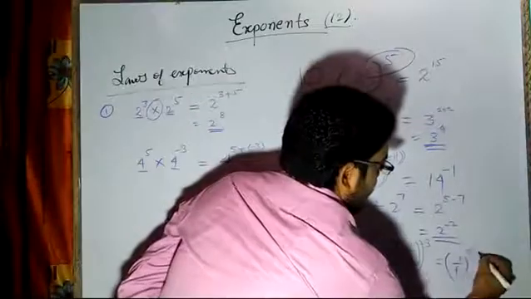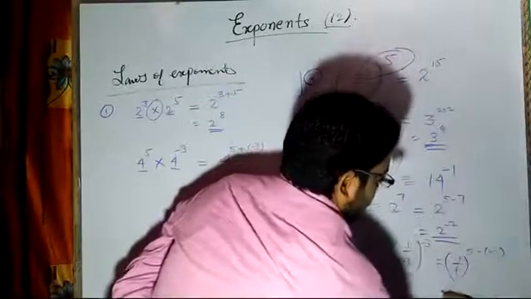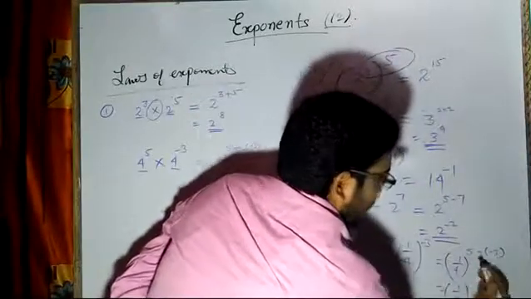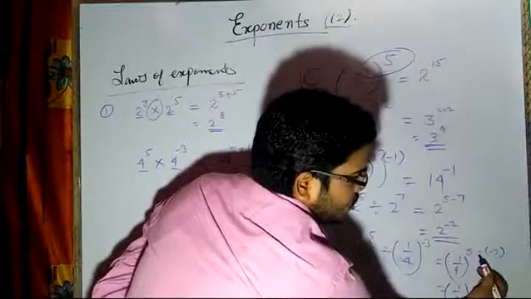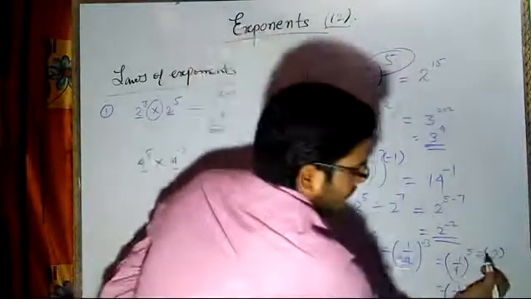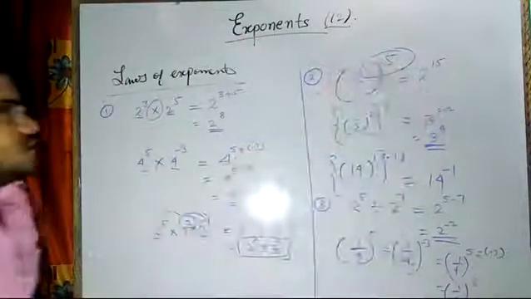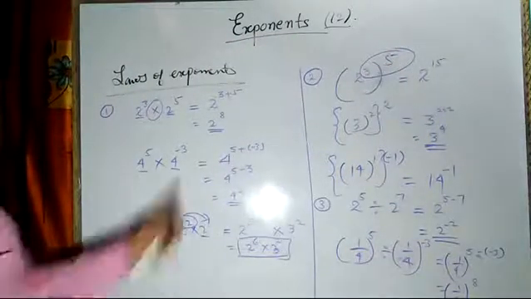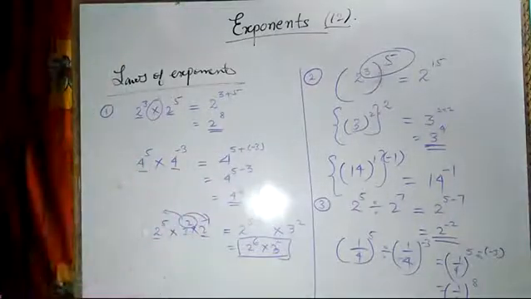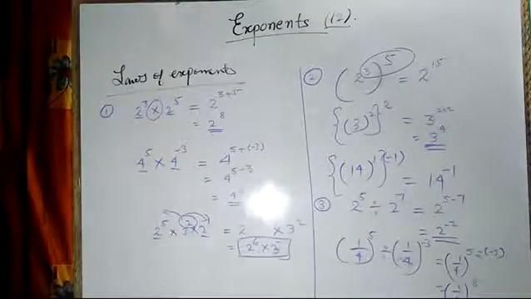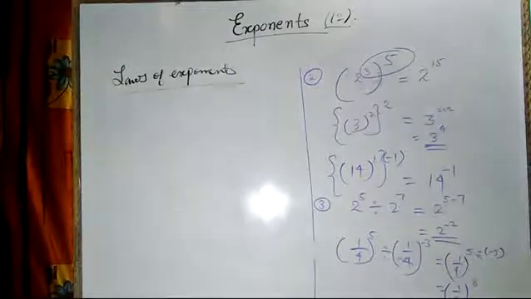So here 5 minus of minus 3, that means 1 by 4 raised to power 5 minus minus 3. This minus is because of the division symbol. So minus into minus is plus, so 5 plus 3 is 8. So this will be your answer. These are the first three laws that I have discussed. Before that I discussed anything raised to power 0, and then odd and even powers. I hope it is clear.